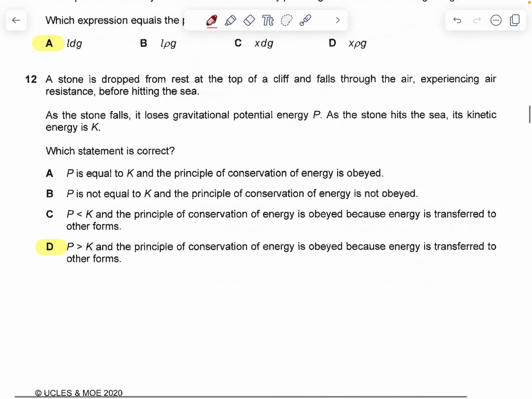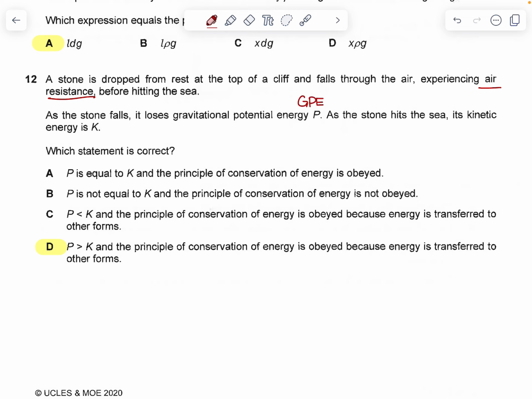Question 12. A stone is dropped from rest at the top of a cliff and falls through the air, experiencing air resistance. So here, air resistance is present before hitting the sea. The stone falls, it loses gravitational potential energy, GPE.